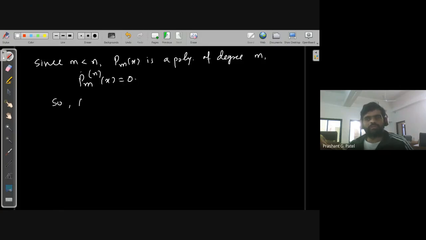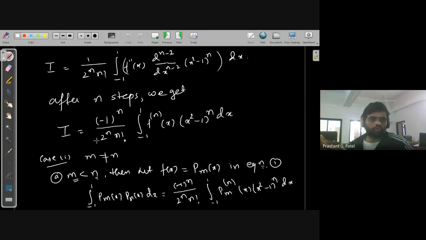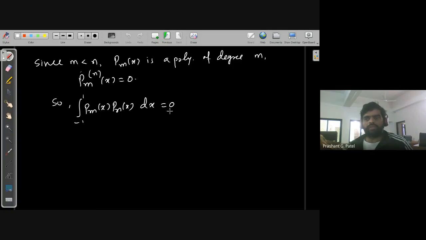So we can say that the integral from minus 1 to 1 of pm of x into pn of x dx is 0 due to this argument, that is m less than n. So that orthogonal property is there.